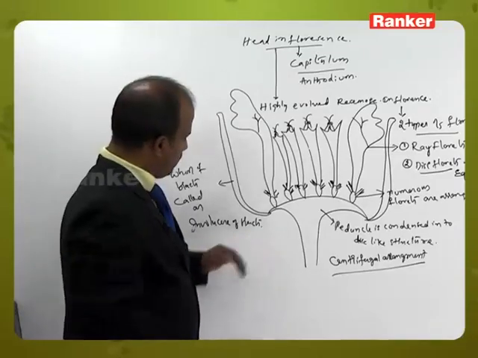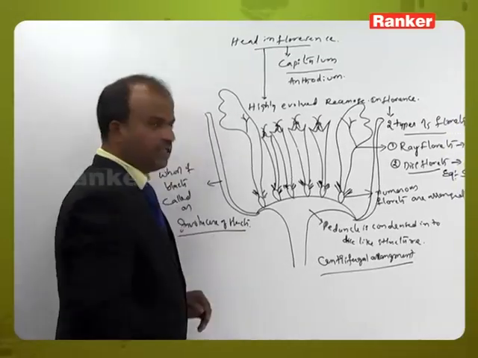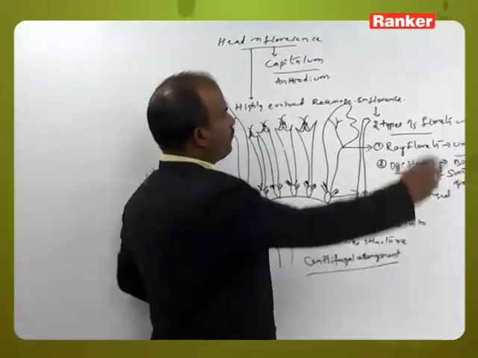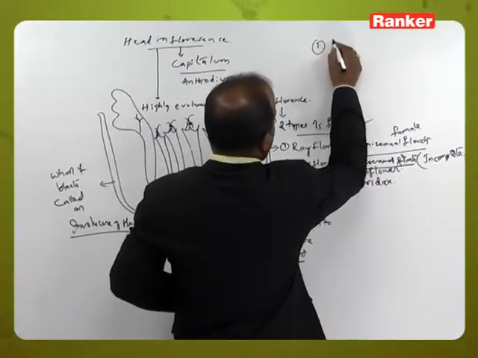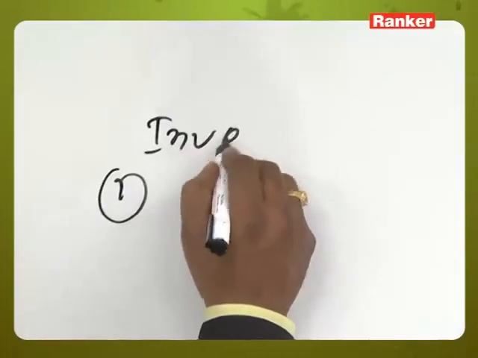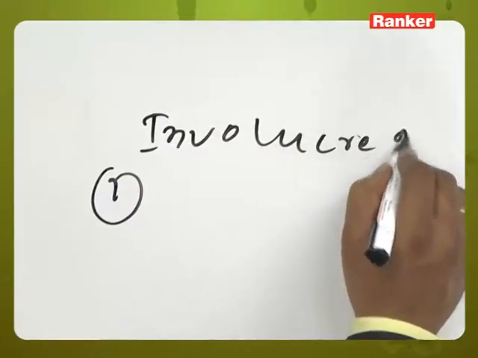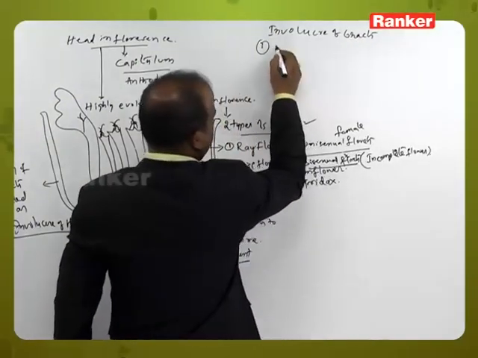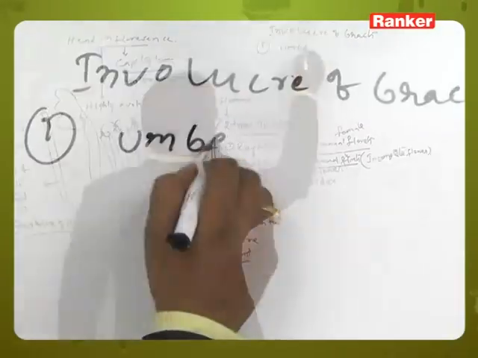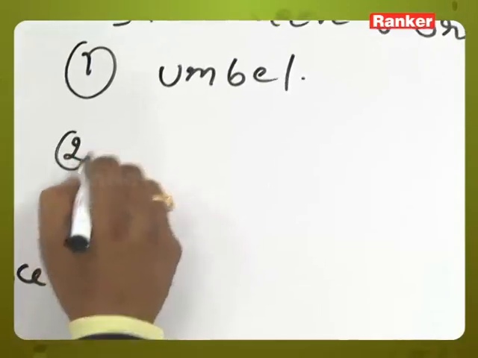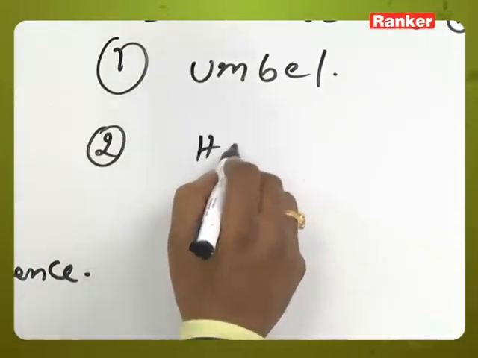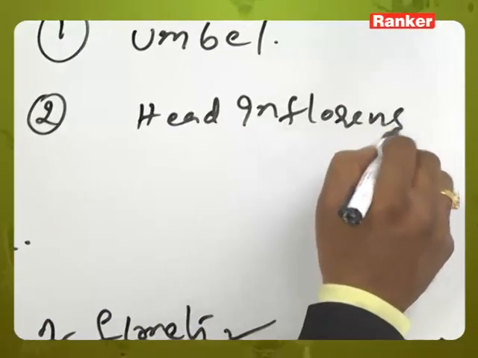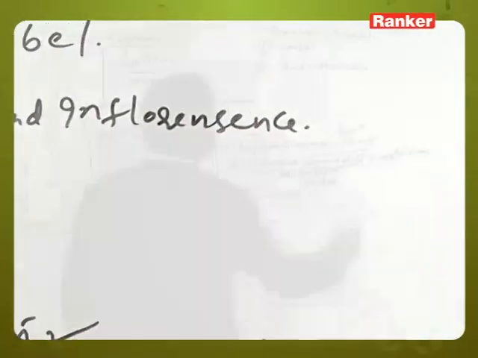Can you tell me, involucre of bracts can be seen in which types of inflorescence? Involucre of bracts is present in the umbel type, and the second one is the head inflorescence.